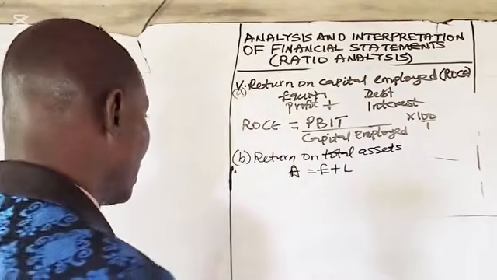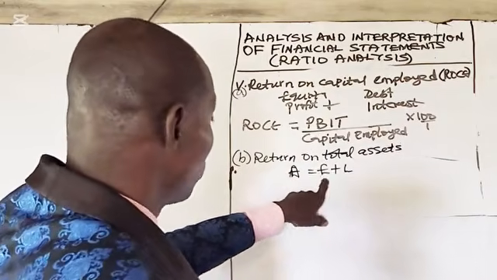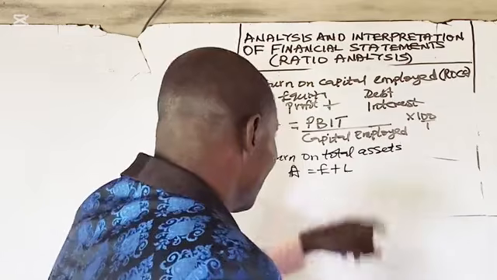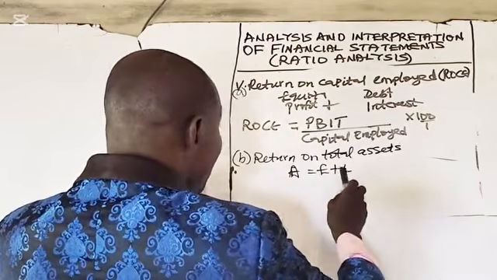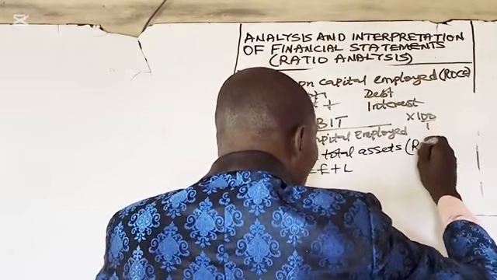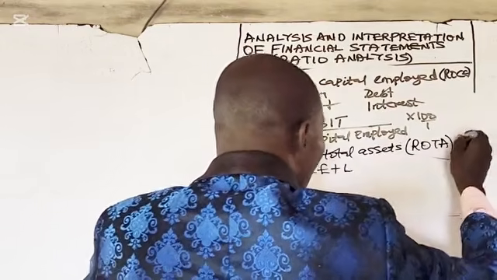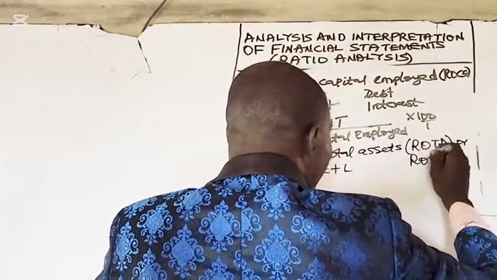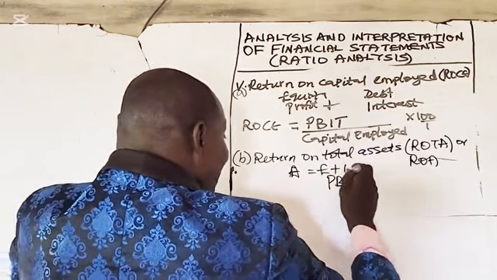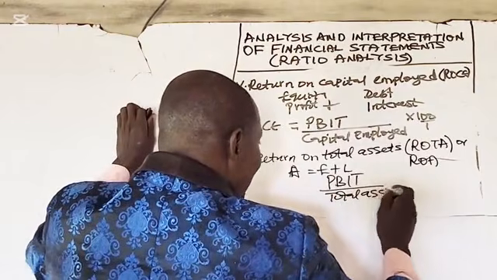So that is what brings the variance between this and this. Your total assets comprise equity and liabilities. So the returns that you have to use for total assets must comprise return to equity and liabilities, which is profit before interest and tax. Return on total assets, ROTA or ROA, or return on assets: the return is profit before interest and tax over total assets.